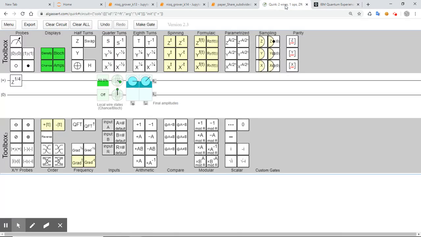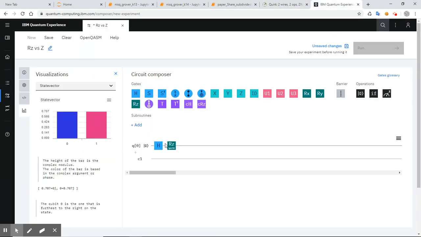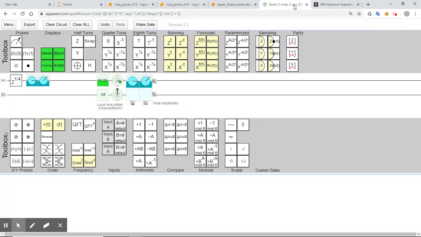Component 1 component. What am I looking at here though? So the amplitude for 0 and amplitude for 1. The amplitude for 0 is 0.7 plus 0i, right? And here 0.7 plus 0i, that's correct. But then that is 0.5 plus 0.5i.